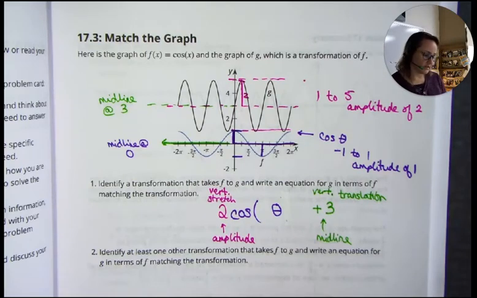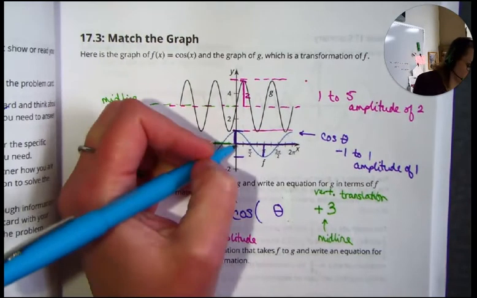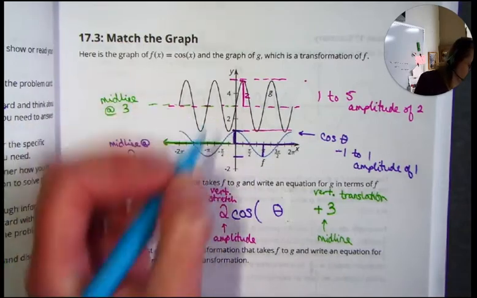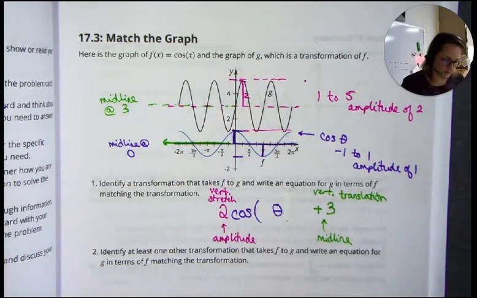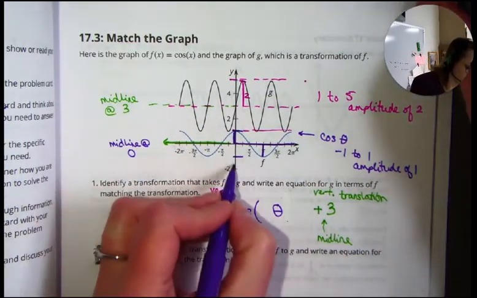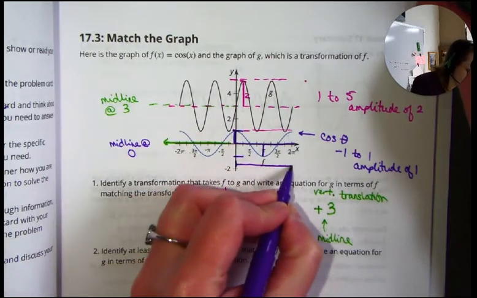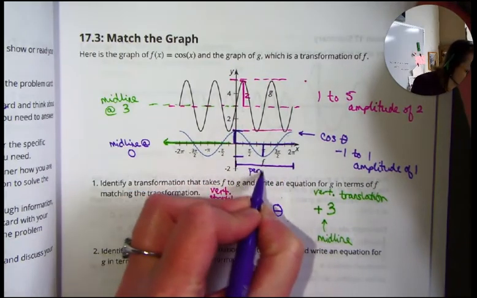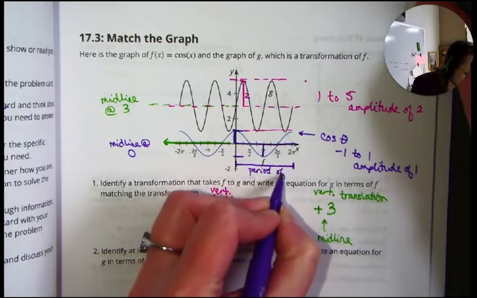A couple more things for us to think about as we're looking at this graph. I want to think about if it has changed the period. Our original cosine graph starts here and doesn't start repeating till here, so it has a period of 2 pi.